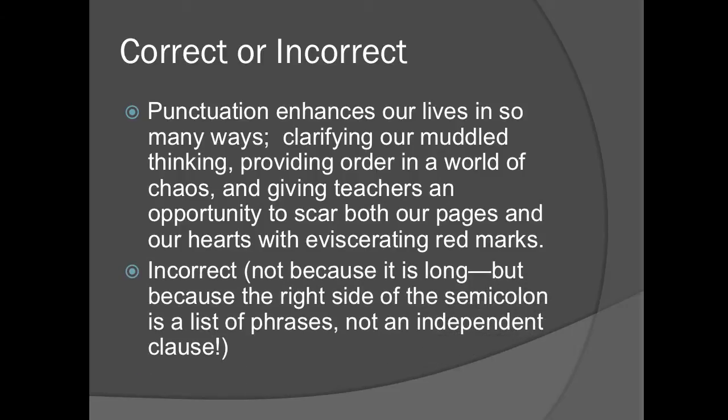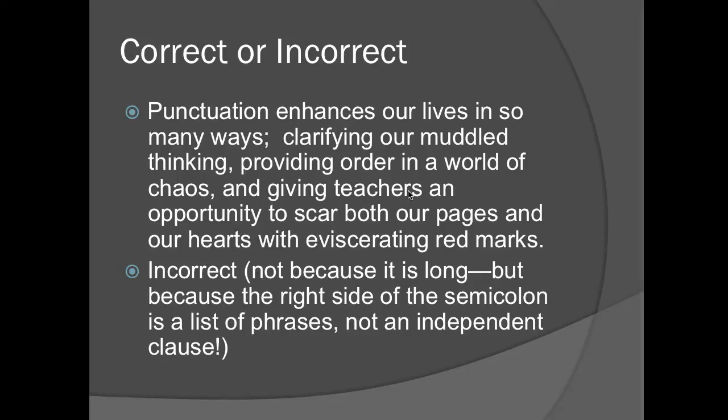This one's incorrect, and the reason is, at first things look good, because on the left side of the semicolon, you've got "punctuation enhances," you've got an independent clause, it stands alone as a sentence. The problem is on the right side: clarifying, giving, providing.